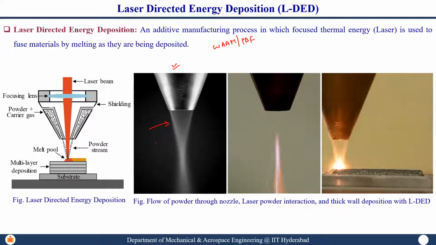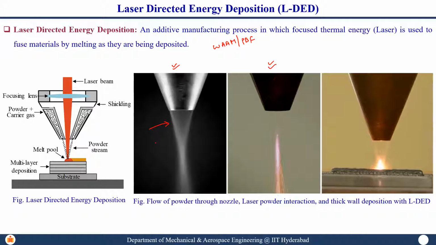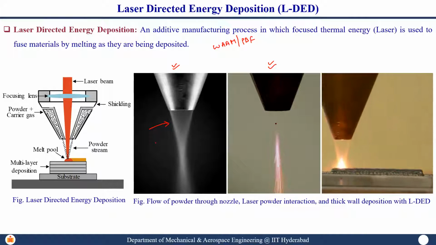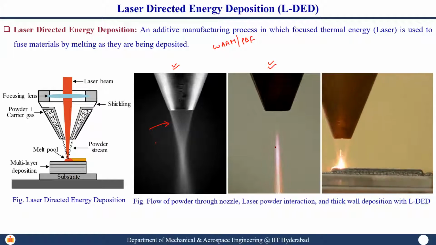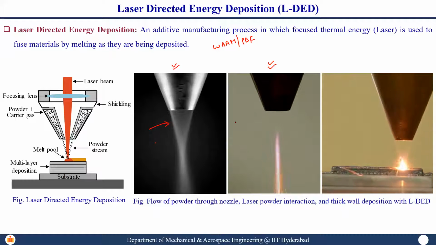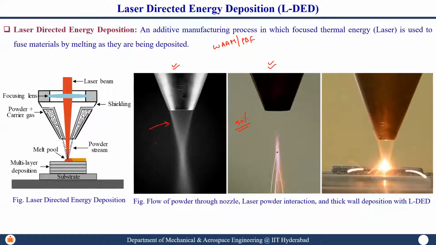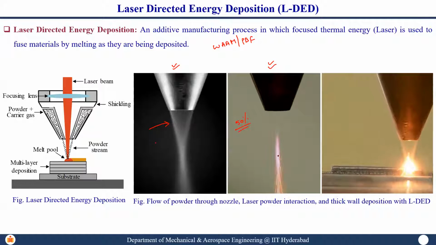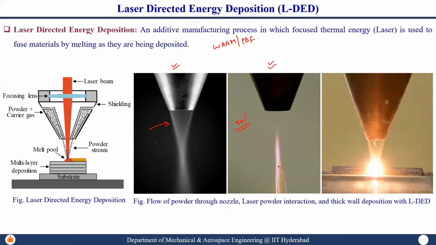Now let us see what happens in the next step. In the next step, you are going to switch on the laser. Now the powder material and the laser start interacting with each other. Maybe typically 50% of the energy will be absorbed by the powder and 50% passes through the powder and reaches the substrate. Now, when will this occur?